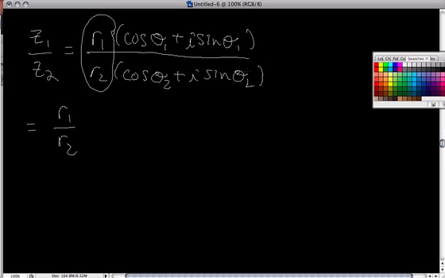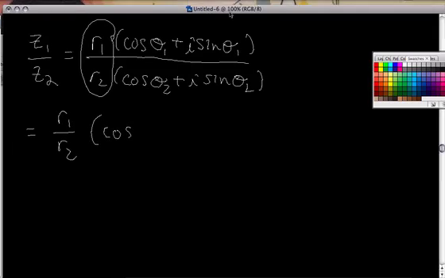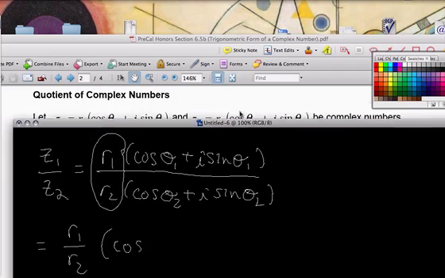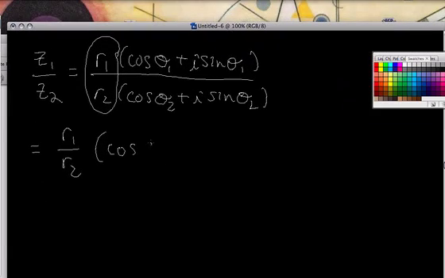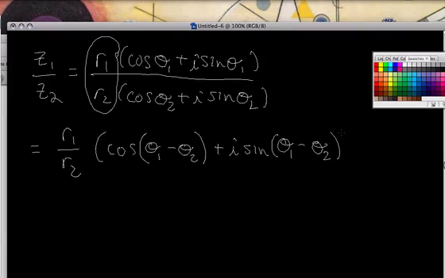But after you multiply by the conjugate and then use some of the identities, it turns out to be cosine of theta sub 1 minus theta sub 2 plus I sine theta sub 1 minus theta sub 2.